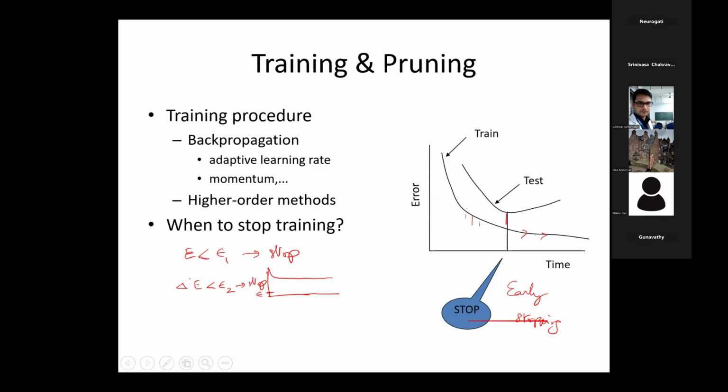Sir, will you explore adaptive learning rate? What is the difference between adaptive learning rate and learning rate? Normally the learning rate is a constant, a proportionality factor.